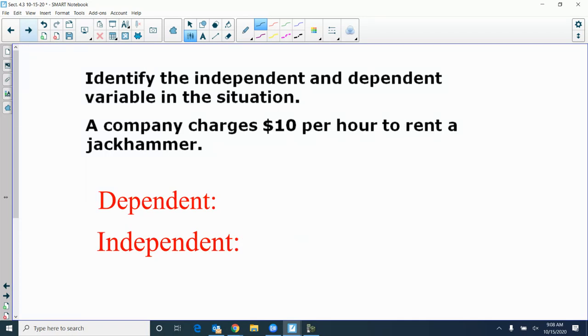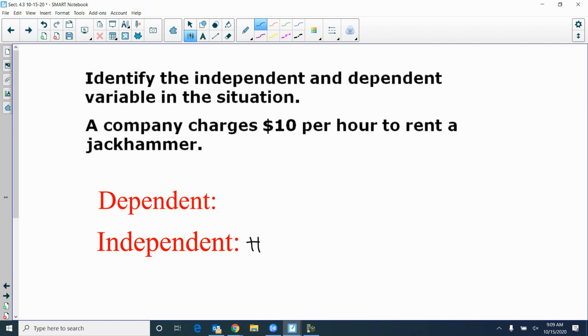Identify the independent and dependent variable. A company charges $10 per hour to rent a jackhammer. Total cost is what? What do you got, Zachary? Independent is how much you pay. I'm going to disagree. How many hours is.